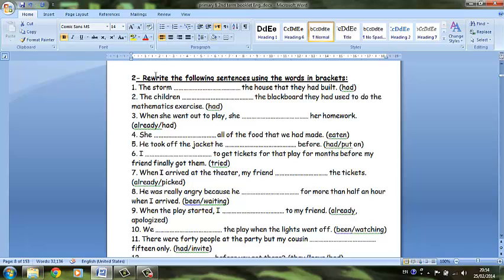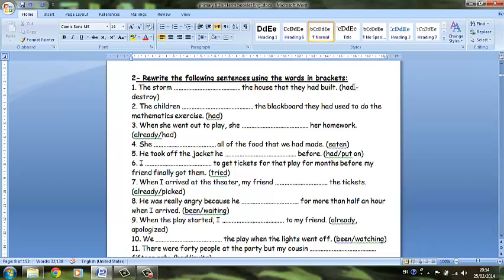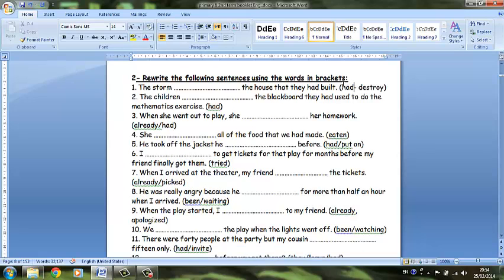Okay, so: the store, blank, the house that they had built. There is something missing here. I want you to put a dash here and write destroy.